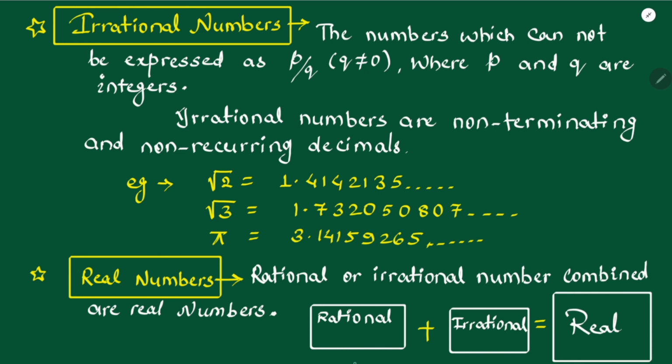If we have a box containing all the rational numbers, the first box, and then we have another box containing all the irrational numbers, and now we have a bigger box that contains all the rational and all the irrational numbers. So this box will be the box of real numbers, because real numbers contain all the rational numbers as well as all the irrational numbers.